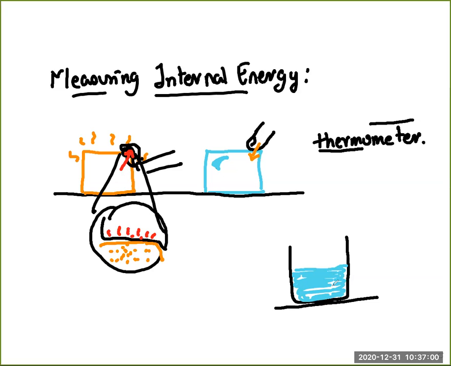inside a container, and let's say that the water has a certain temperature. Now you insert a thermometer into this, a mercury in glass thermometer, which is basically a thin tube that contains mercury trapped inside it.